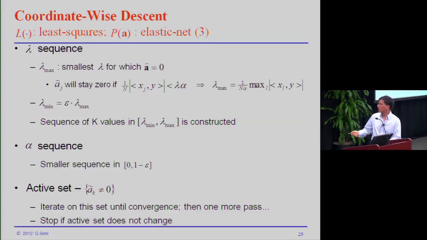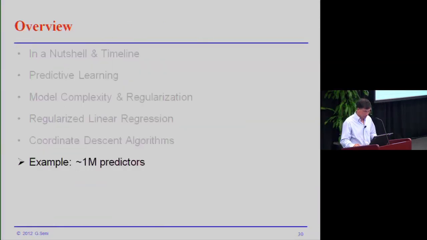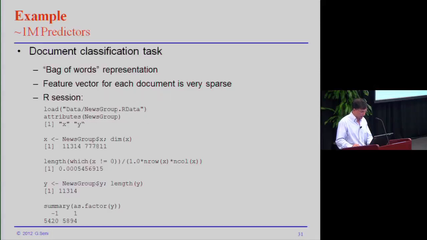And if no new variable, then it does one extra pass. And if no new variable is added to the model, then it stops. So that's the essence of coordinate descent. And so let's look at the example. Let's try to do it.